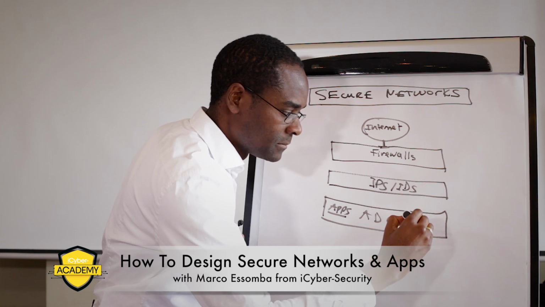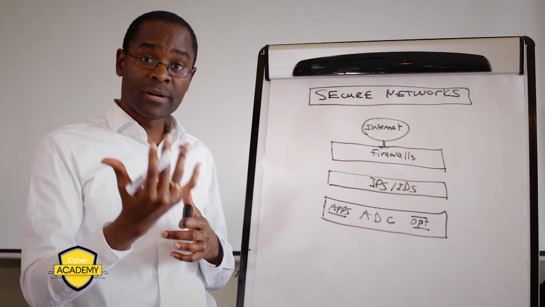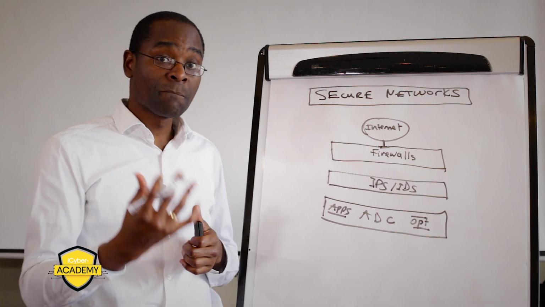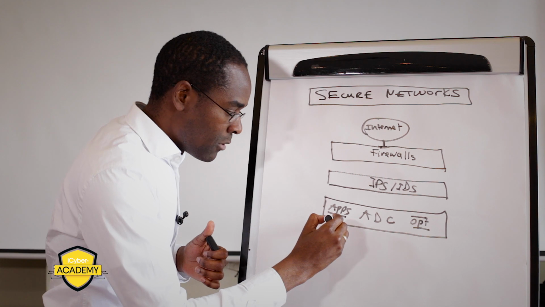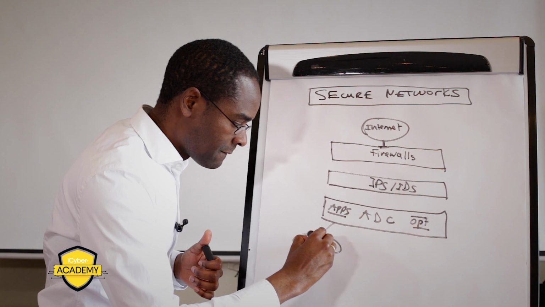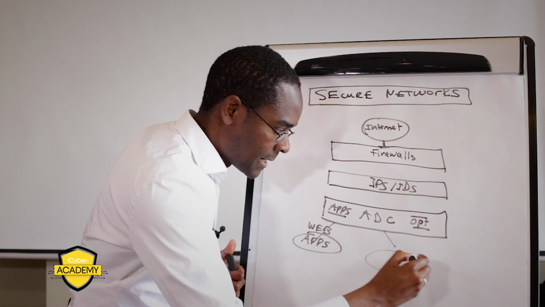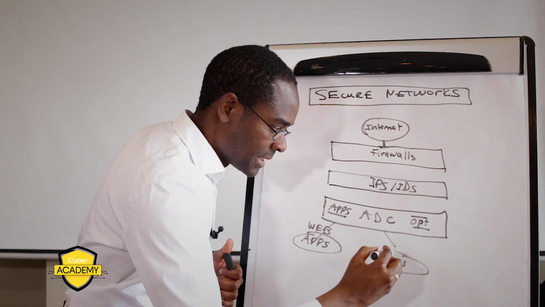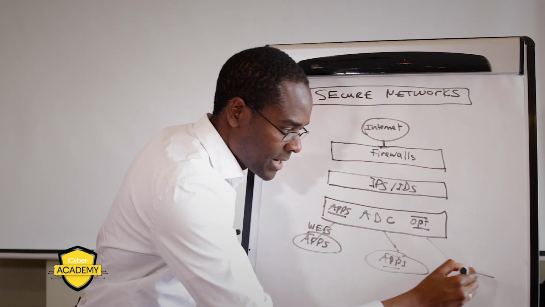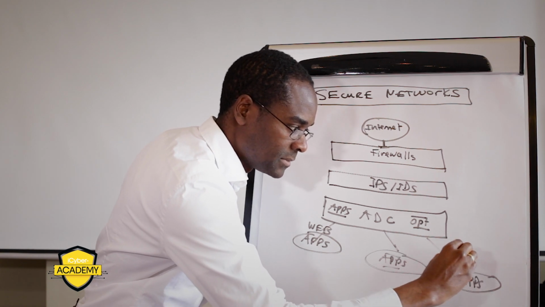optimization at this level, where our ADC provides things like caching, compression, and acceleration to speed up the delivery of our application. And then beyond it, we can have multiple different zones. As you can see here, for example, this could be our web applications, and here we can also have another layer of application, and finally another set representing, for example, our database.